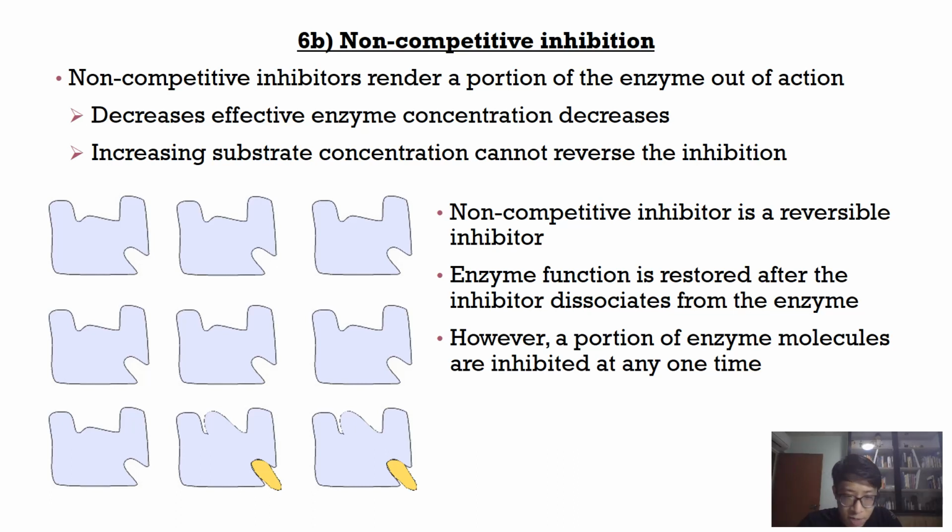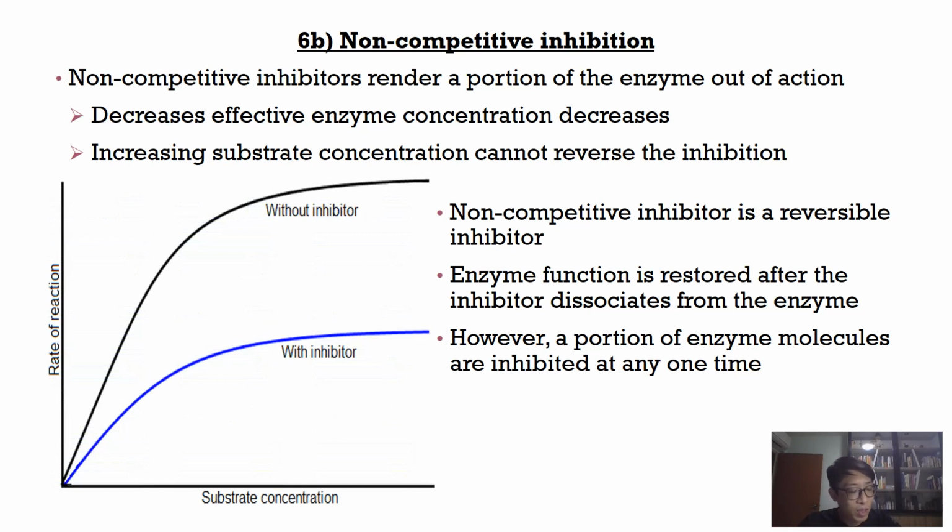The inhibitor will just bind to a site other than the active site. There's nothing blocking or competing with it and preventing it from binding to the enzyme. So increasing substrate concentration would not be able to reverse the inhibition, unlike for competitive inhibition.